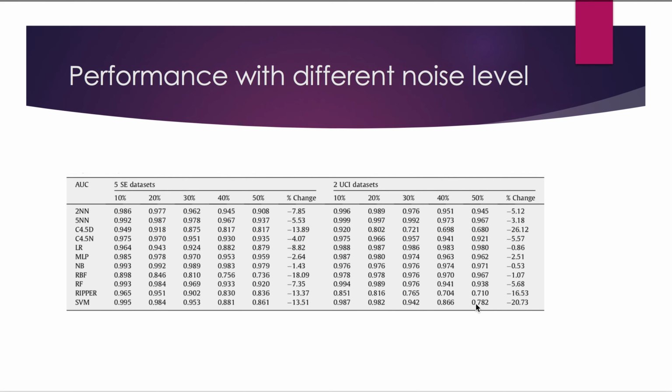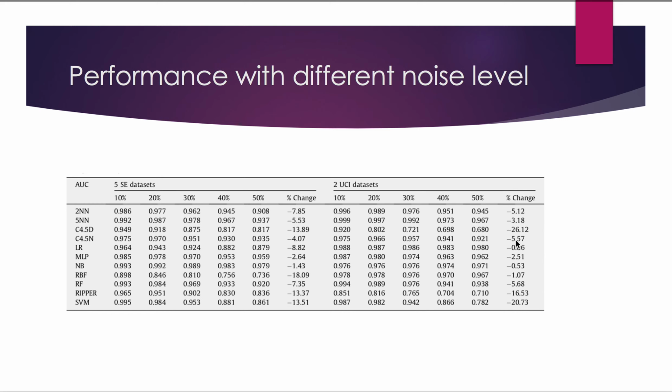Also, here is the performance with different noise levels. As we can see, we have 5 SE data sets here with different noise levels and the AUC at each noise level. From this table we have a lot to talk about, but because of time, I'm only going to mention that naive Bayes is the most stable learner of the 11 considered in this study.